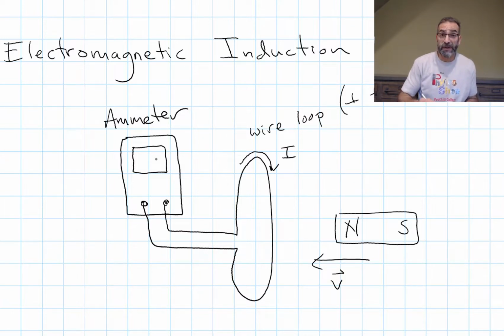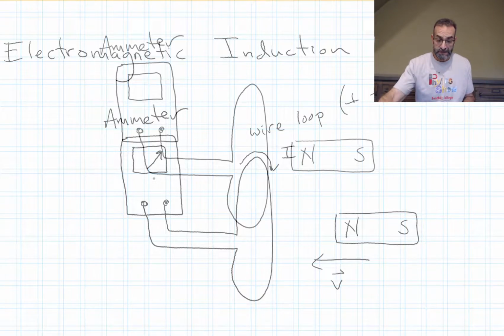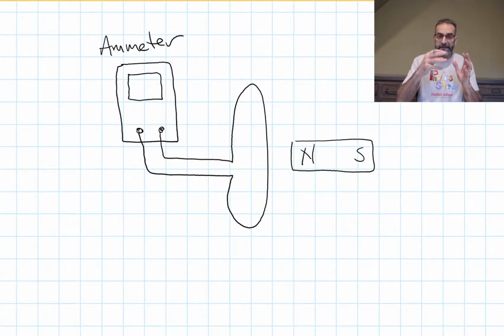And the ammeter would read some current flow in this direction. Now we're just going to stop the magnet in front of the loop. We brought the magnet in, and while the magnet was moving toward the loop of wire, current was flowing in the loop of wire. Without a battery, without a source of EMF, current was flowing through that wire.